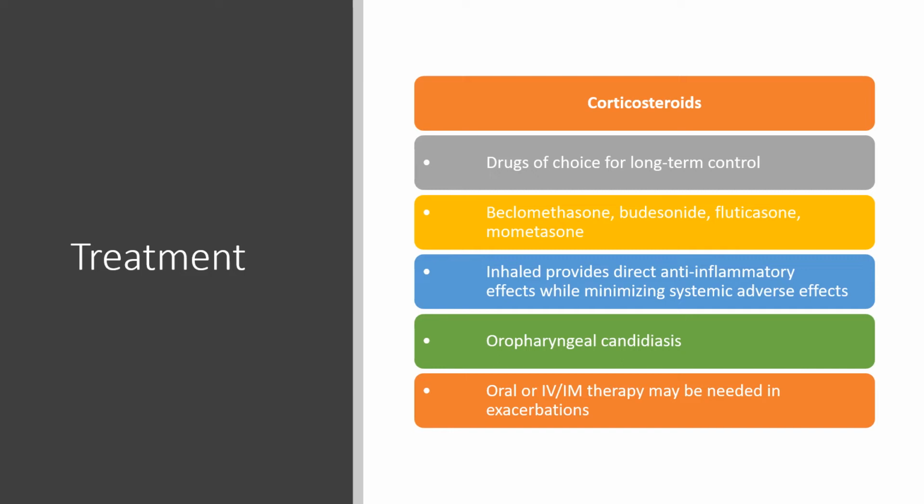So it minimizes the effect of inflammation. It can cause yeast in the mouth, and you can use oral or IV or IM therapy in exacerbations. So we're going to use our inhaled steroids. If you have an exacerbation, then we're going to bump it up to an oral if we have to.